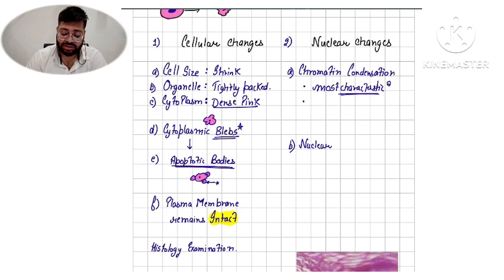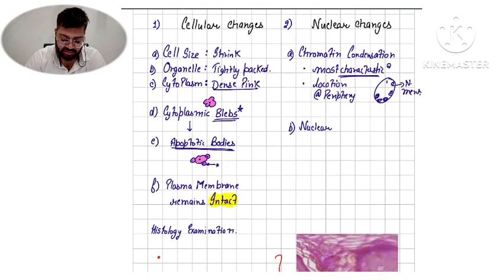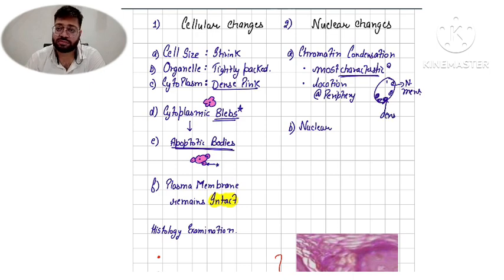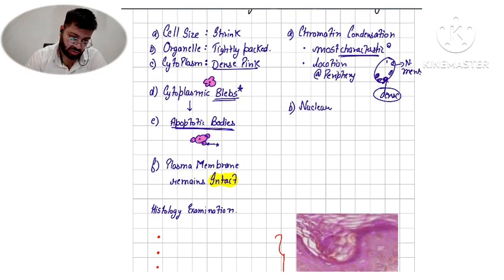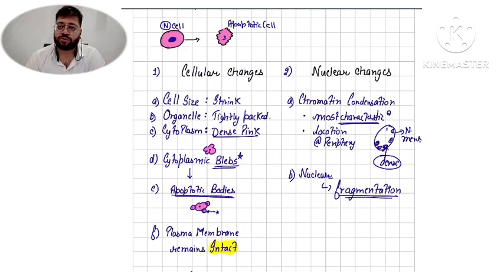If there is a nucleus, chromatin condensation will occur in the periphery, near the nuclear membrane. There will be dense masses. What will happen to the nucleus overall? Nucleus will undergo fragmentation. These are the nuclear changes occurring while the apoptosis is happening.